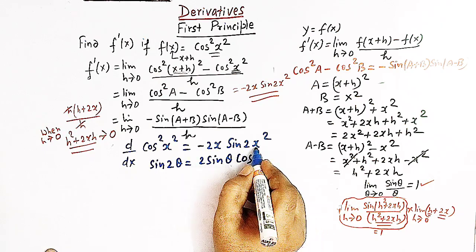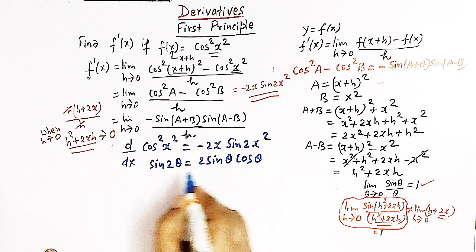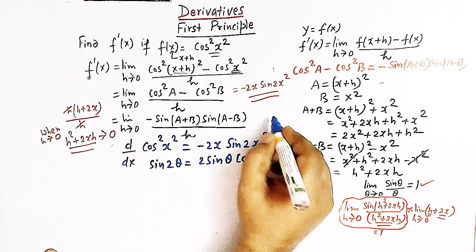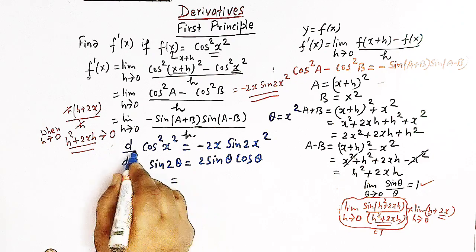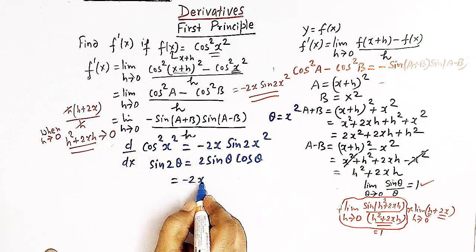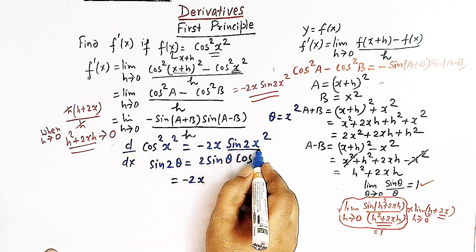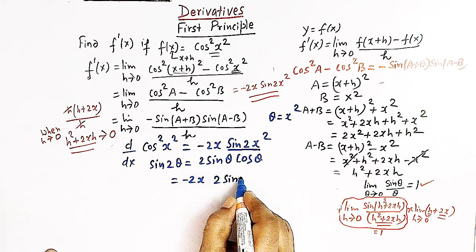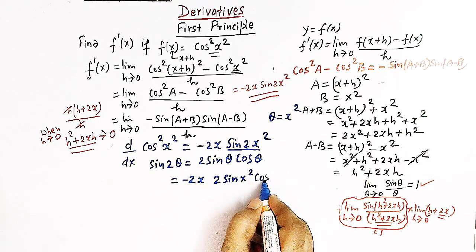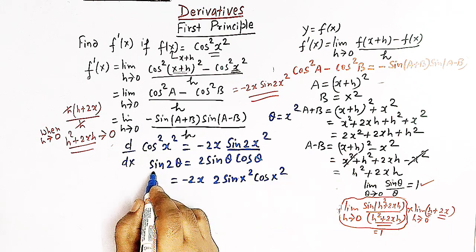So here we have 2 theta, that is 2x square, so our theta is x square, right? So now the derivative can also be written as minus 2x, and for sine 2x square we can write 2 sine x square cosine x square using this result.